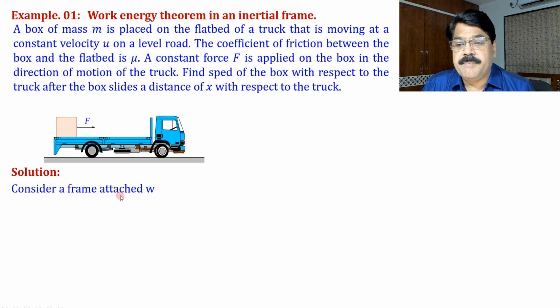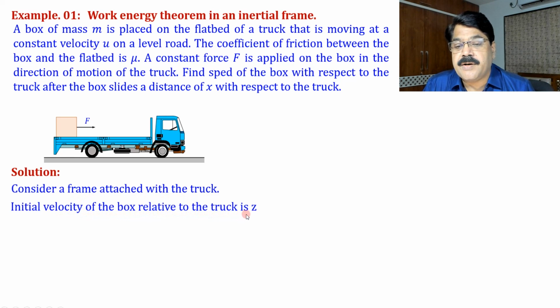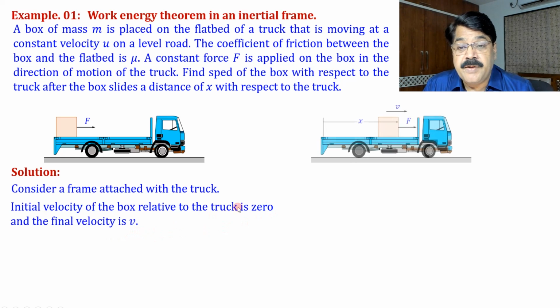Consider a frame attached to the truck. The initial velocity of the box relative to the truck is 0 and the final velocity, let us assume, is v. The box has slid a distance x while force F continues to be applied, and its velocity becomes v. First we calculate the initial and final kinetic energies of the box.